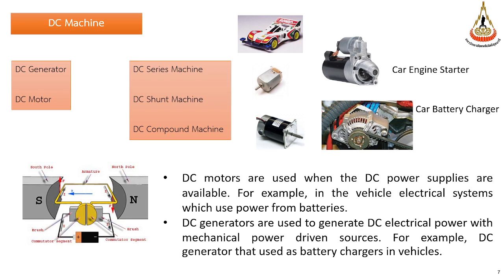Okay, and for DC machine, where is it used? DC motors are used when we have a DC power supply, right? We use DC motors wherever DC power supplies are available, for example, in the vehicle electrical system. Not in an EV car.